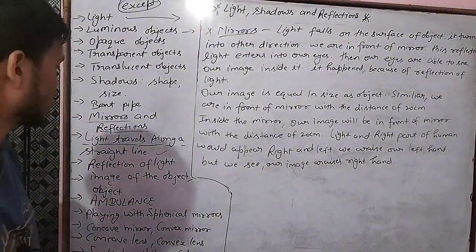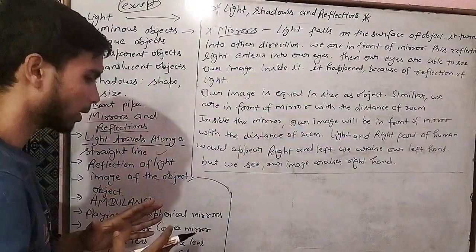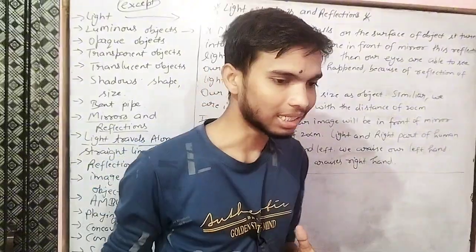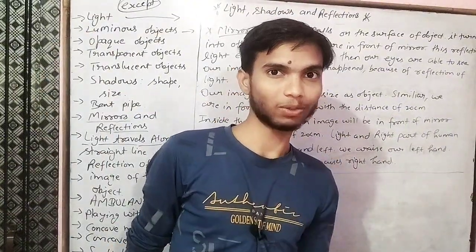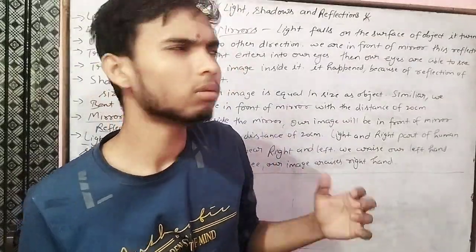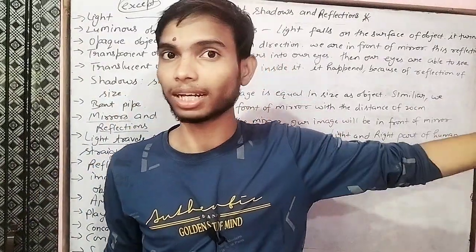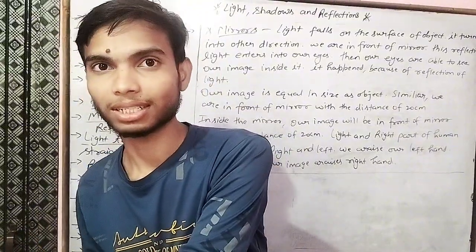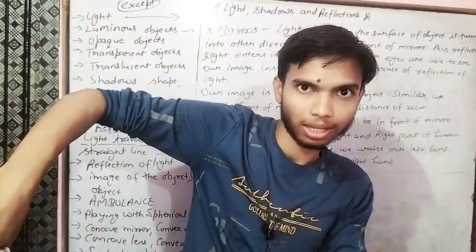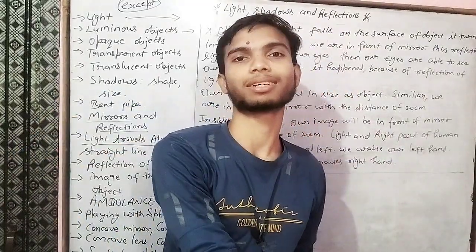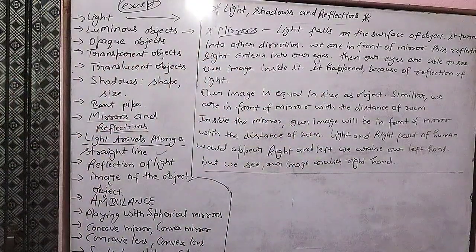Reflection of light: we also know we see reflections of objects inside water, inside a mirror. When light falls on objects, the image of this object can be seen in the mirror. We already know.